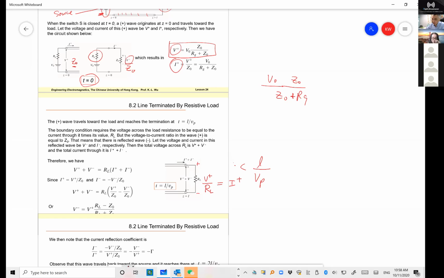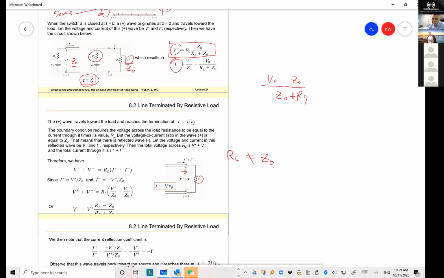The reason is that when the voltage hits the terminal, this R load is not necessarily equal to the characteristic impedance.